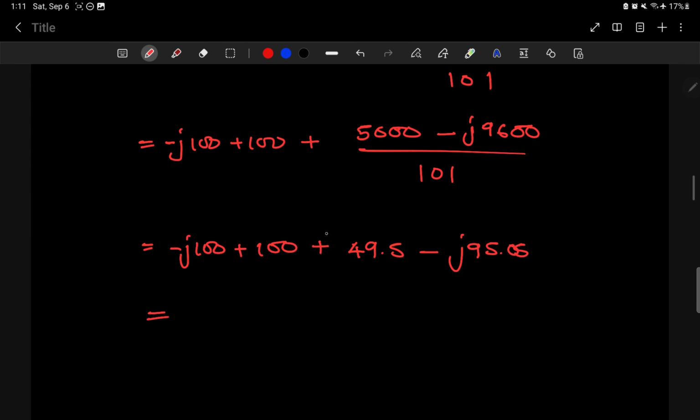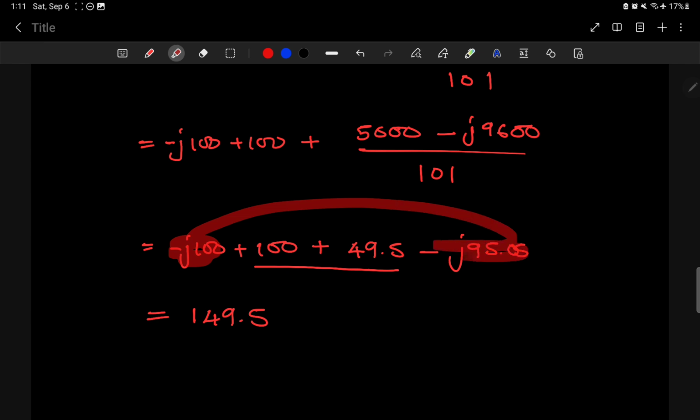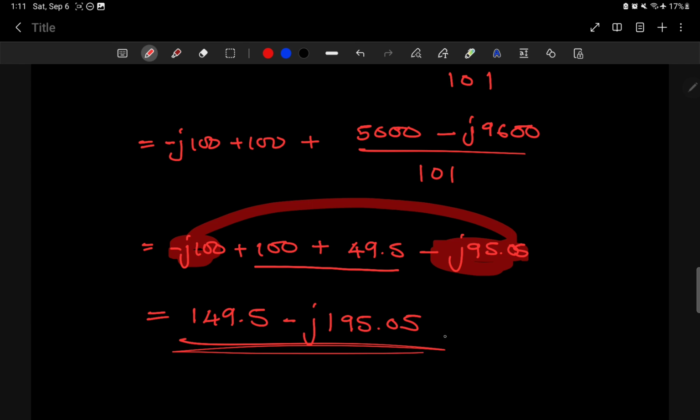So we simplify, these two are like terms, they add up, we get 149.5, and then these two will also add up, so we get minus j195.05. So this becomes the overall impedance, and the units there are going to be in ohms. So this is the input impedance for our problem.